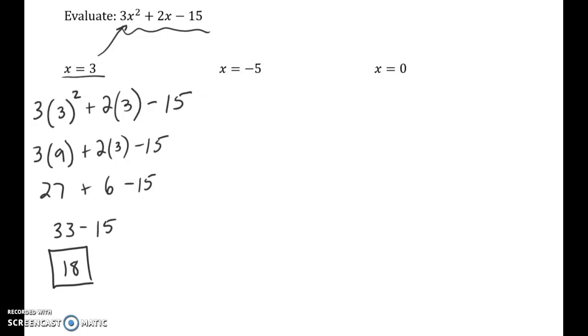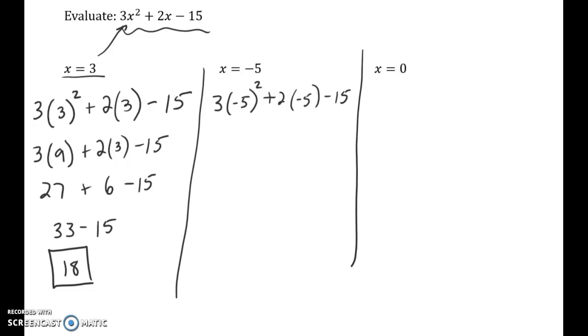So now we'll try it for the next problem when x equals negative 5. So 3 times negative 5, we're putting that in for x squared, plus 2 times negative 5, minus 15. Don't worry about that last problem. That one's going to be a little bit easier. 3 times 25, because negative 5 squared is going to be negative 5 times negative 5, which is 25, minus 10.